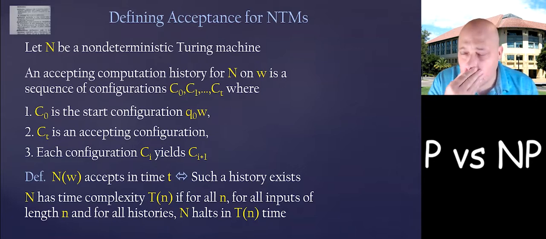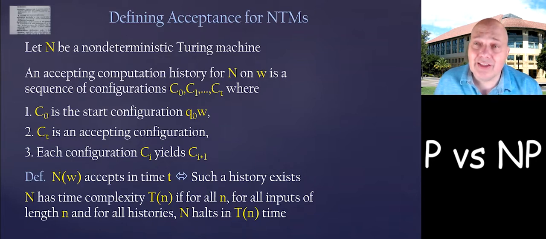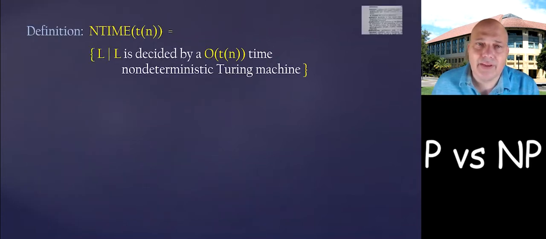In fact, you can turn any non-deterministic Turing machine into one that halts after T of n steps by having a clock that tells you to stop after T of n steps. And if there exists some accepting computation history that is shorter than T of n, then we didn't change the language we recognize, but we did manage to halt always. Non-deterministic time T of n is all the languages that are decided by an order of T of n time non-deterministic Turing machine.